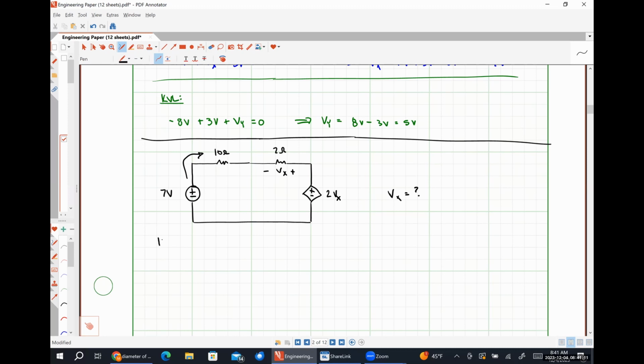So the first thing I see is the negative polarity terminal of the 7-volt source. So I have negative 7 volts. Then I see a 10 ohm resistor, and it doesn't have a voltage drop associated with it, so we are going to have to make one up.